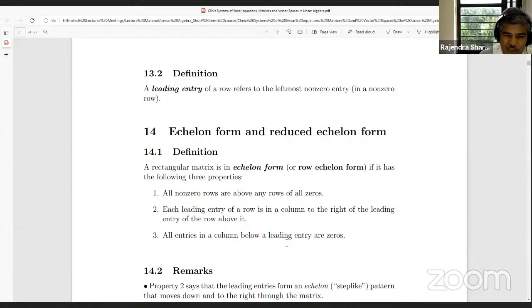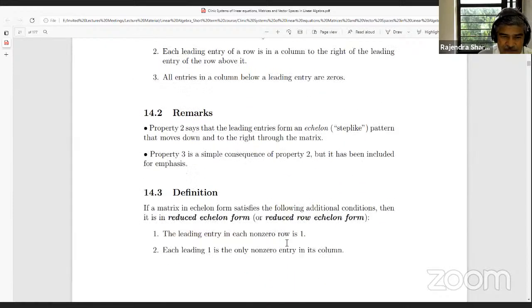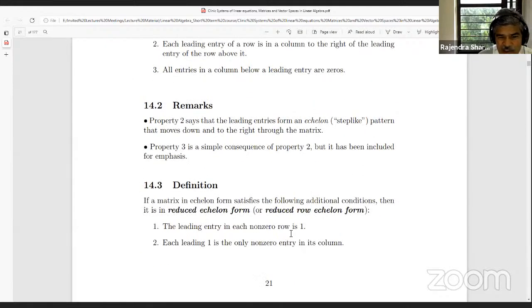All non-zero rows are above any rows of all zeros, and each leading entry of a row is in a column to the right of the leading entry of the row above it. And all entries in a column below a leading entry are zeros. Reduced row echelon form has, in addition to these, two more properties: the leading entry of each non-zero row must be 1, and each leading 1 is the only non-zero entry in its column.